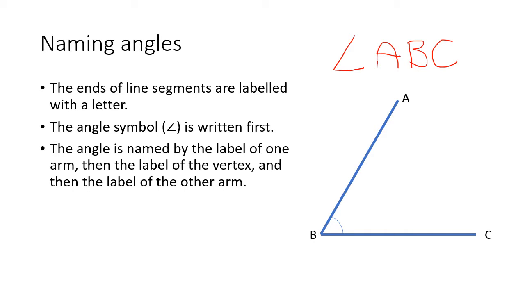So that would be called angle ABC because it's the angle that's formed when we go from point A to point B to point C. You could call that CBA as well, and it would be exactly the same because you're talking about the same angle, and there's no confusion there. So yes, the angle would be angle ABC.